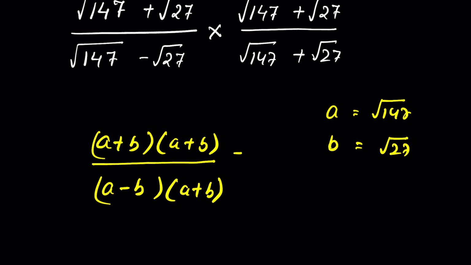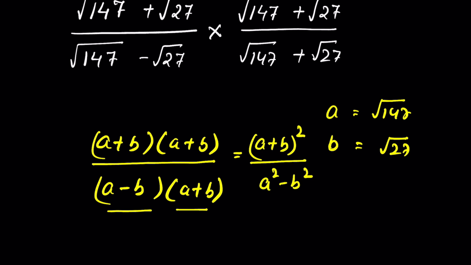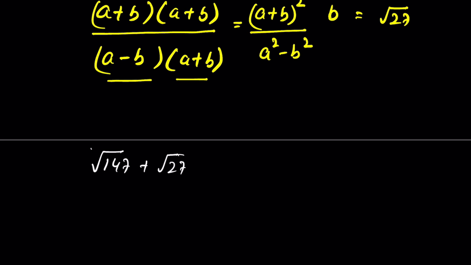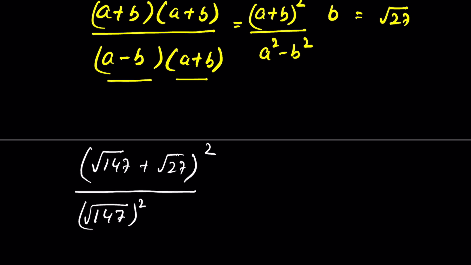So a plus b times a plus b, we can write as a plus b whole square, and the denominator is in the form of difference of squares, so we can write it as a square minus b square. So square root of 147 plus square root of 27, whole square, upon square root of 147 square minus square root of 27 square, writing it in this form.